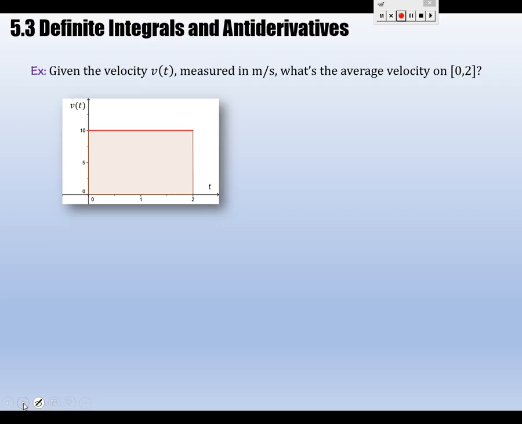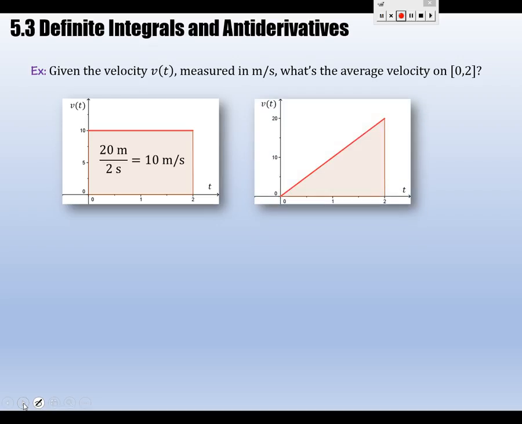So 10 meters per second will be your average velocity. Before you even thought about it, if you're going 10 meters per second the whole time, maybe we don't have to have the discussion. Your average is probably the speed you're going the whole time.